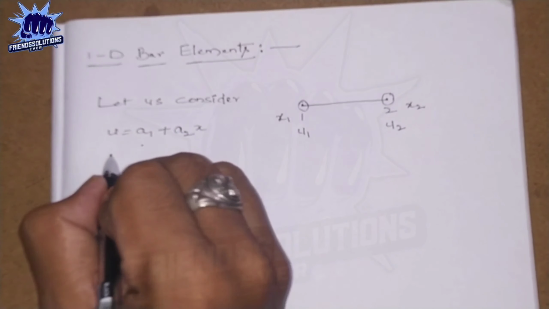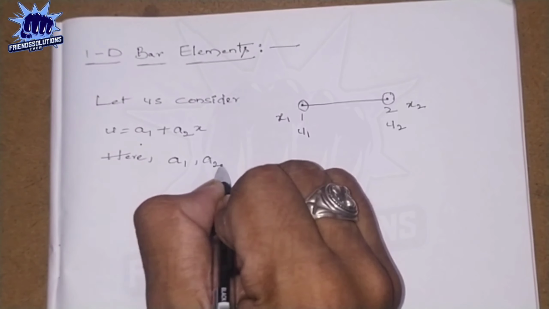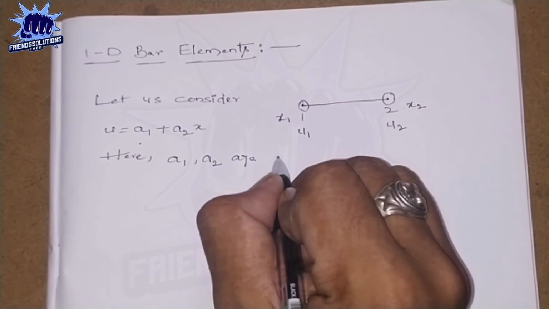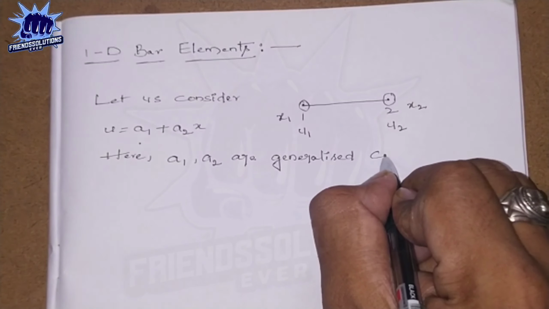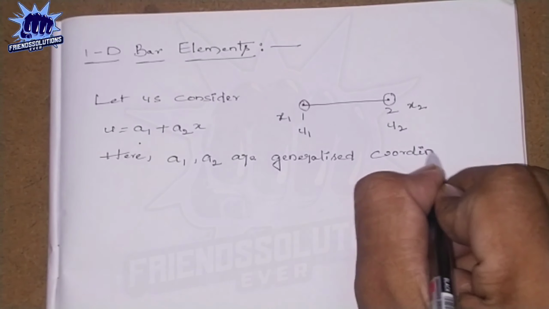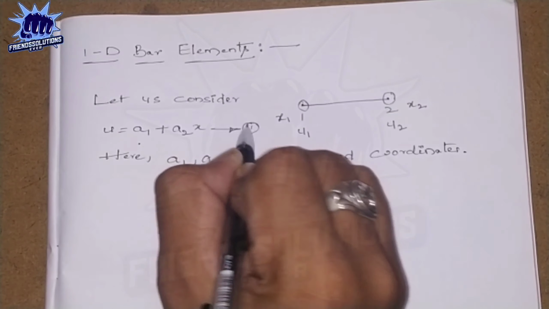Here a1, a2 are generalized coordinates. Now writing this equation as equation 1.